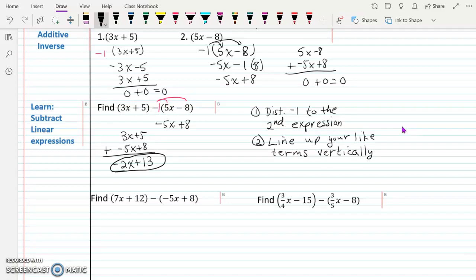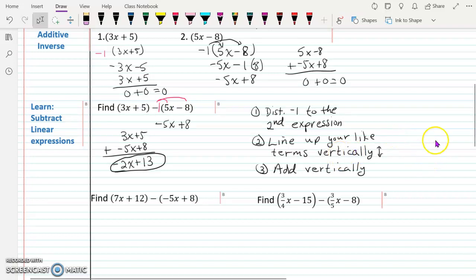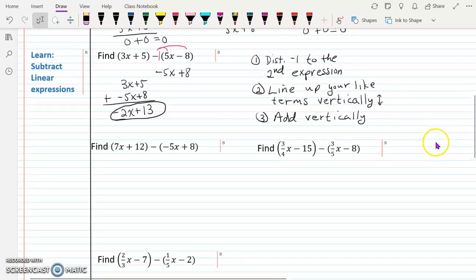And remember, vertically means above and below each other. And step 3 is to simply add vertically. Okay, so let's see how those steps play out in the next part of this lesson.